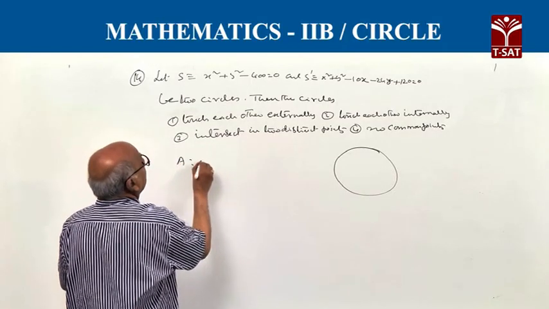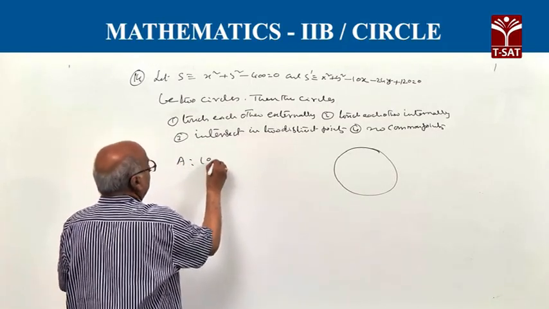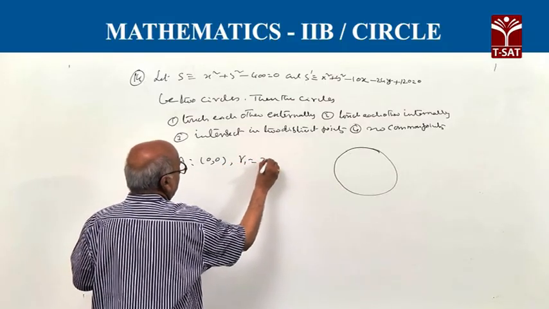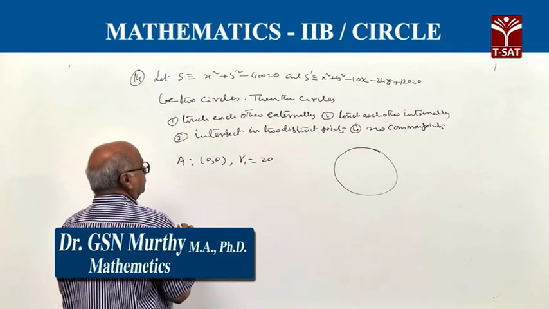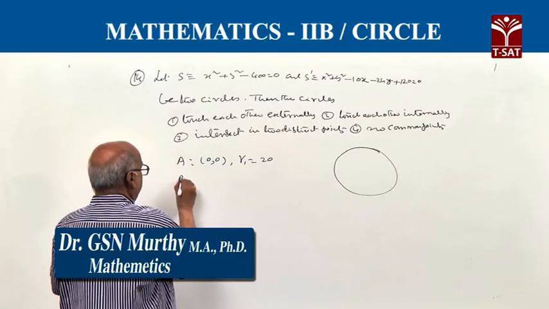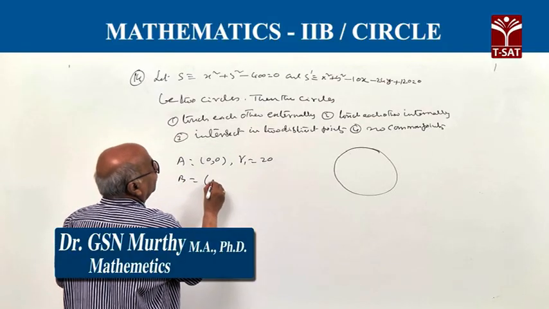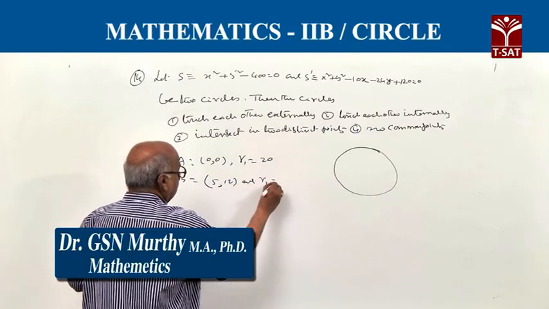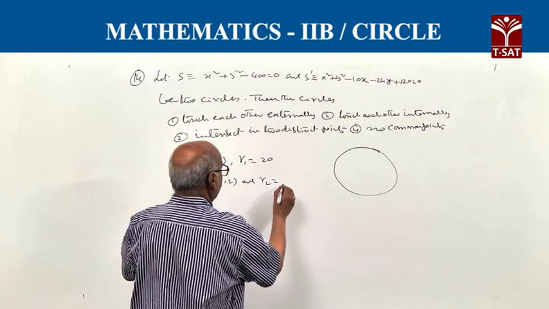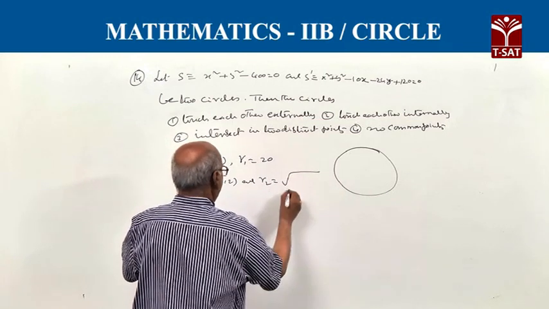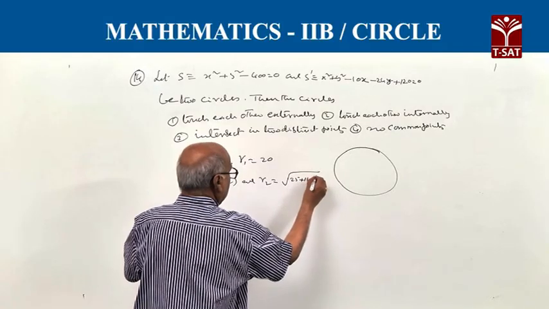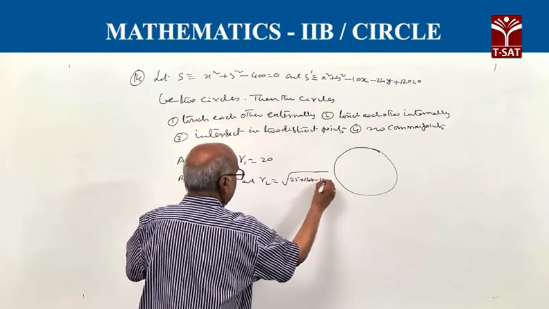You know that A is equal to (0, 0) and R1 is equal to 20, and B is equal to (5, 12) and R2 is equal to square root of 25 plus 144 minus 120.